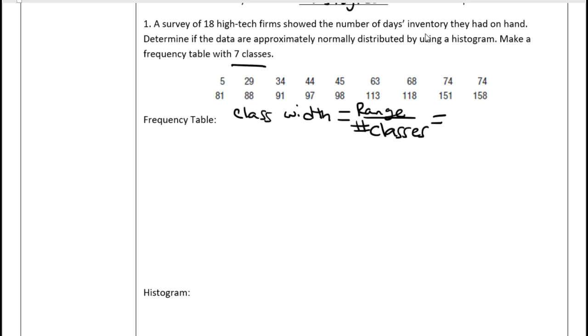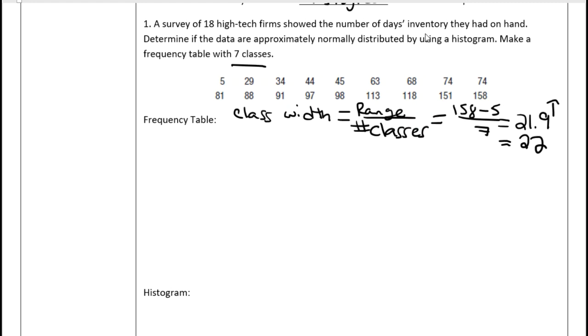The range is the biggest number minus the smallest number. So you take 158 minus 5 and divide it by the 7 classes. 158 minus 5 divided by 7 gives you about 21.9. You're always going to round up, never down. So in this case, this would be 22. So your class width is 22.